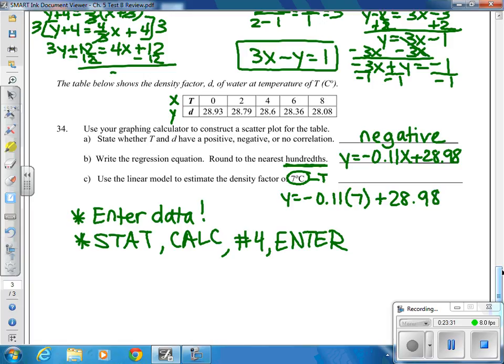You will type that in your calculator or do order of operations, and you're going to come out with y equals 28.21. Remember, your answer to these problems needs to be rounded to the exact same place value as the value in the chart, because all of our d values in this table have 2 numbers after the decimal. Our final answer needs to have 2 numbers after the decimal.